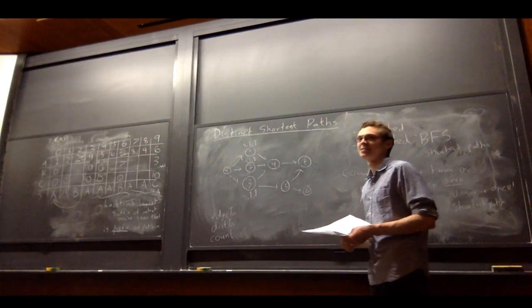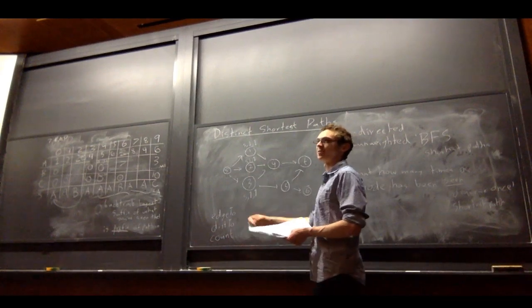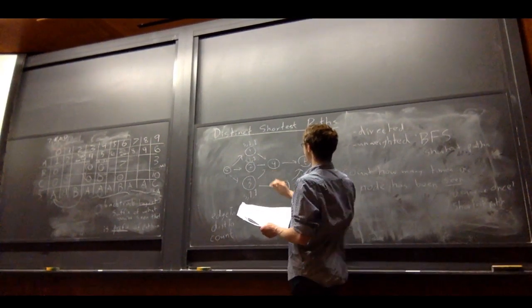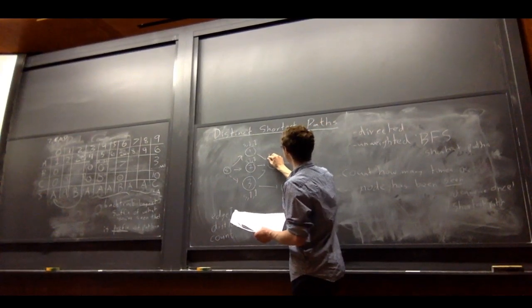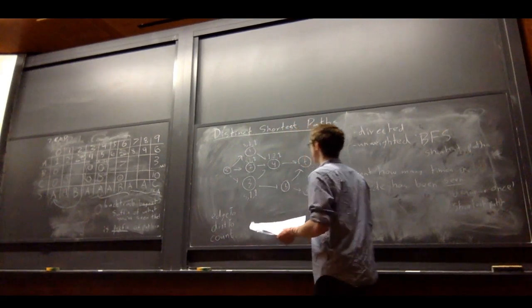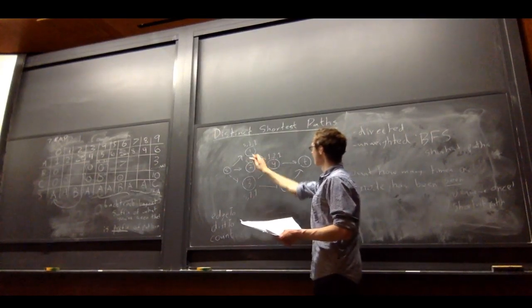Okay, so we continue this process, and let's say that we break ties in order. So we'll visit 1 next. We'll look at its neighbor, and we'll say, oh, now it has an edge from 1. Its distance is 2, and its count is going to be 1. We've seen it 1 time. Okay, now we've looked at all its neighbors.